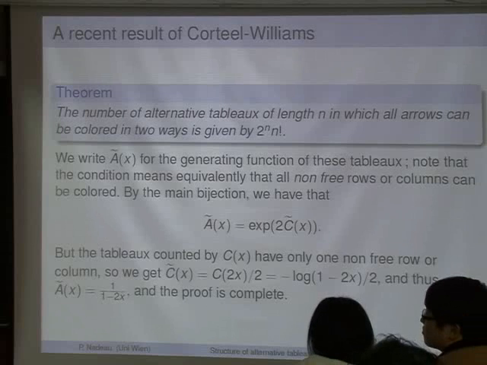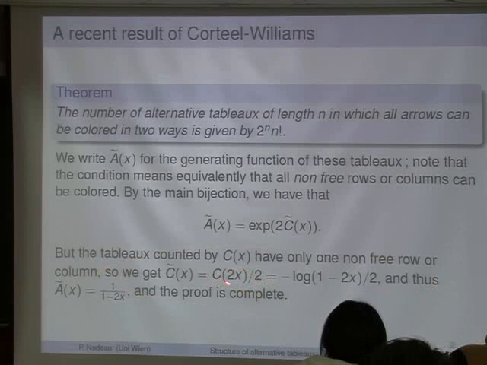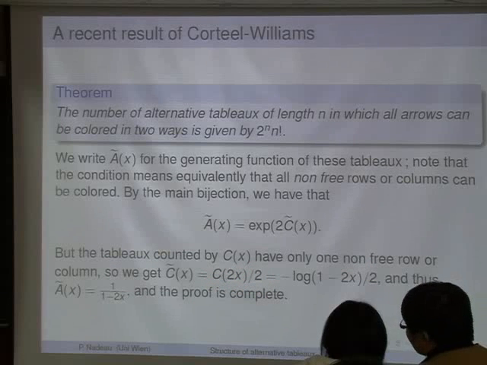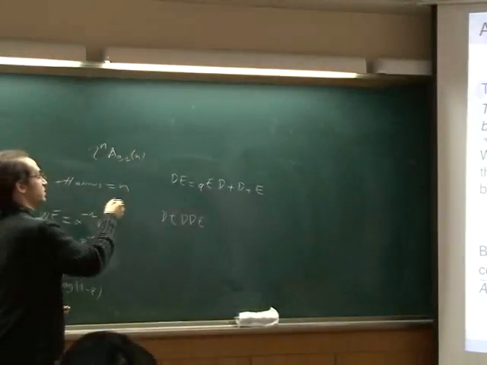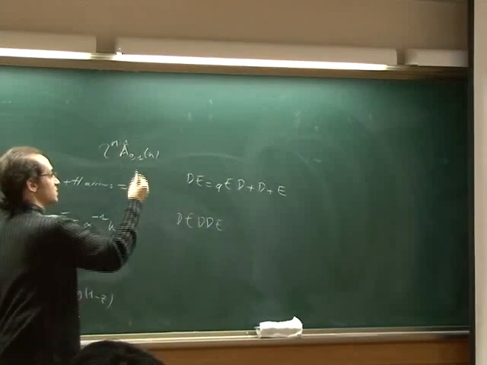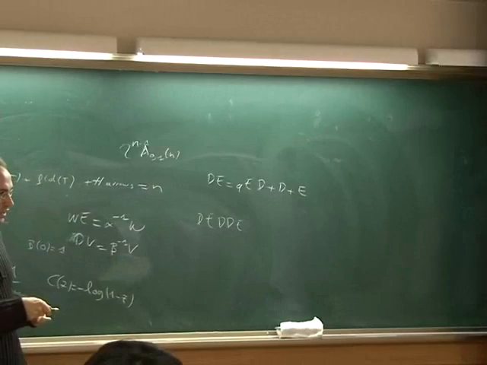So if you have a given normal tableau, to color it, there are 2 to the n-1 ways to color it, because there are n-1 arrows in it. So C of 2x is the generating function of, in fact, 2^n a01 n, but if you divide by 2, you will have 2 to the n-1 a01 of n, which is exactly the number that's obvious.